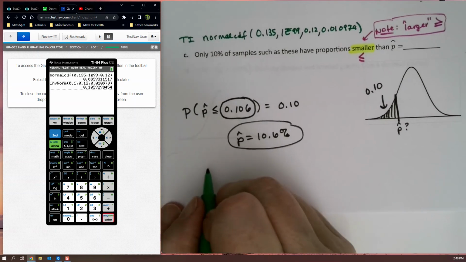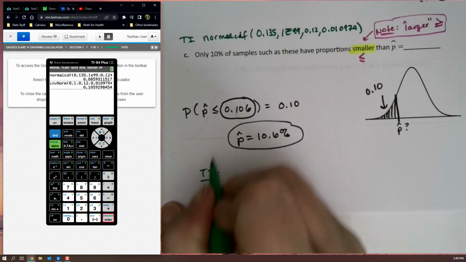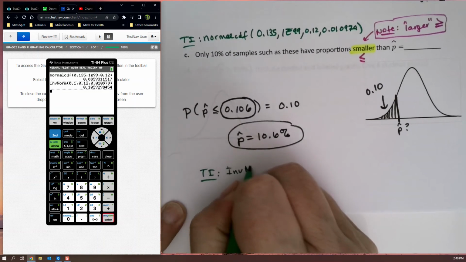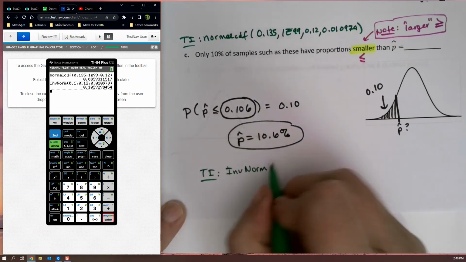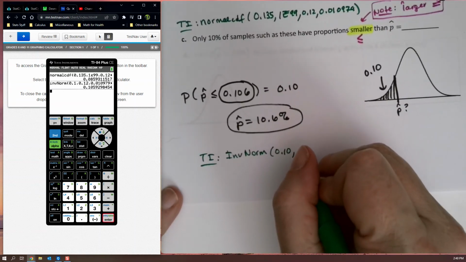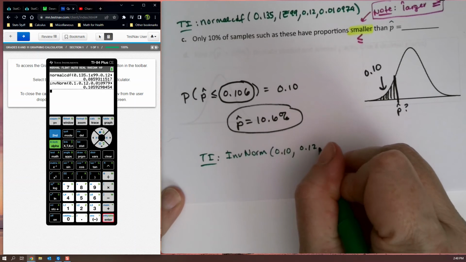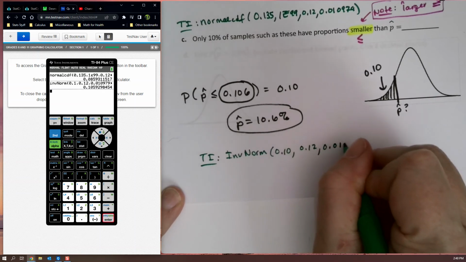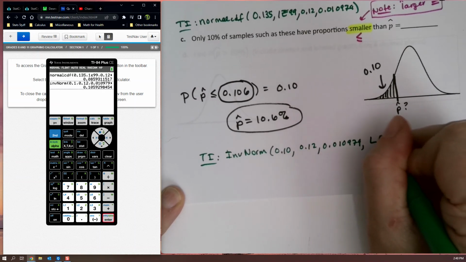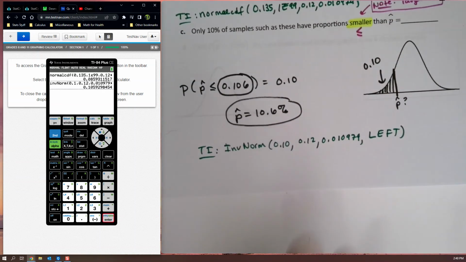Down here on the TI calculator, it would be inverse norm, 0.10, 0.12, 0.010979. If you have a new calculator, then you would have to add the word left to that. Old calculators don't have that option, so they only do left tailed, so that's all they have.